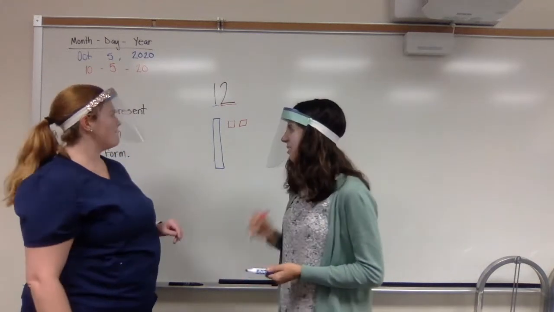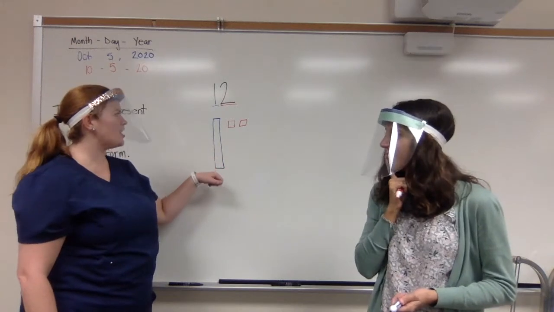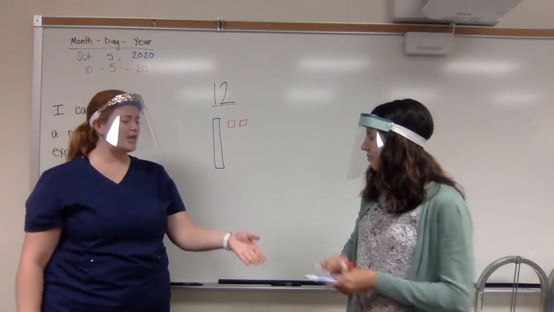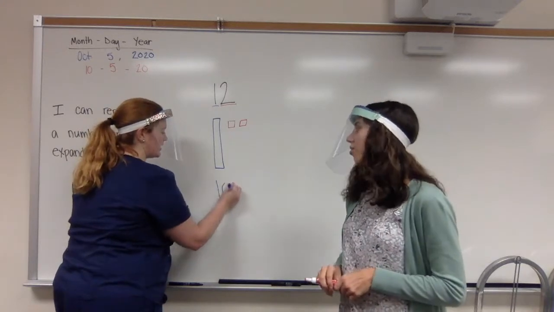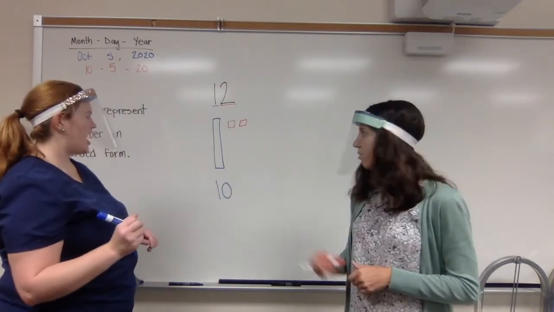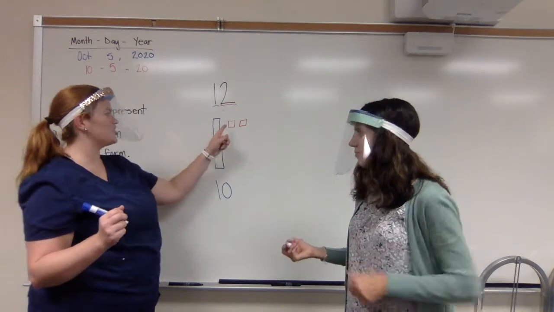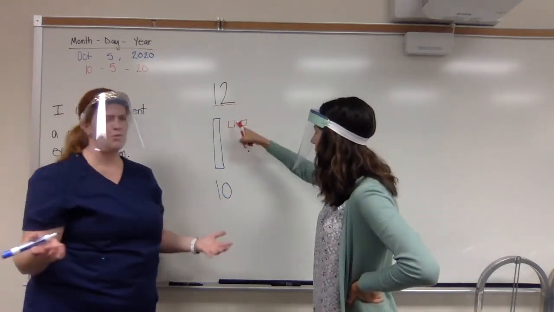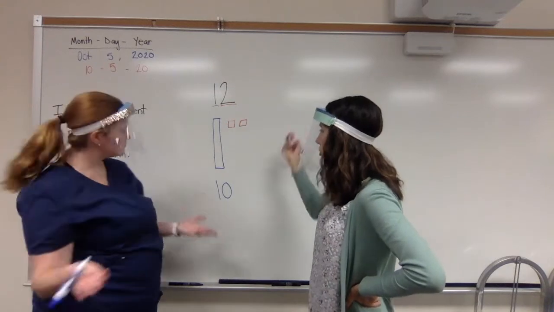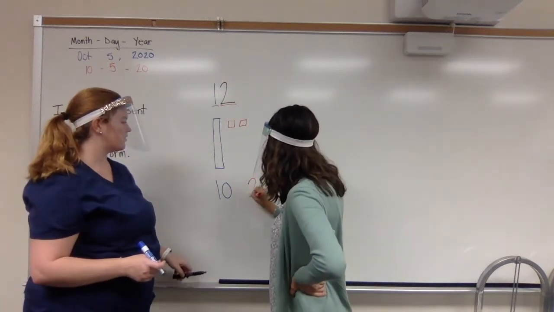Very good. Miss Lestico, I know that this is a 10, and so I know that its value is 10. So I'm going to write 10 underneath it. And these are 1s, and there are 2 1s, so what is that value? Well, if we counted them, it would just be 1, 2. So it would be worth 2.